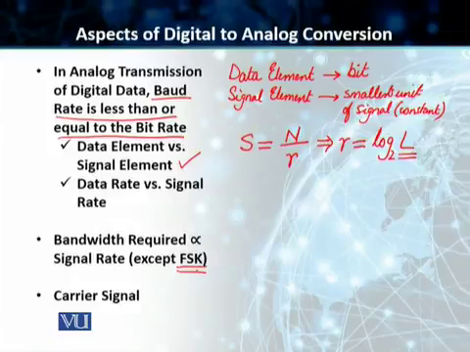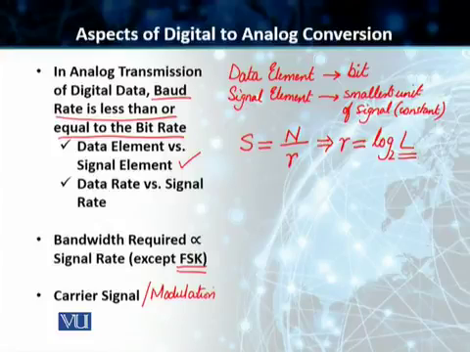Students, the third aspect that we need to familiarize ourselves with is that of carrier signal. So basically, it's the carrier signal and the concept of modulation. Students, analog transmission में the sending device produces a high frequency signal that acts as a base of the informational signal.